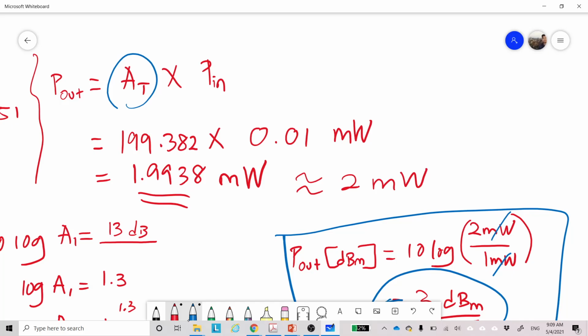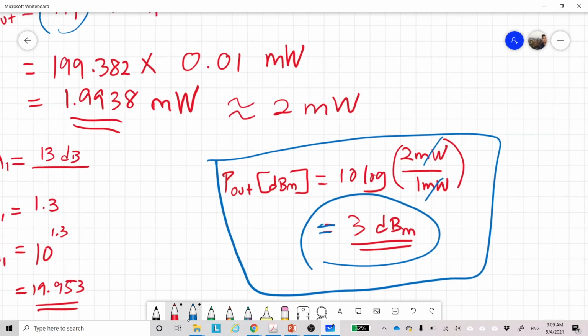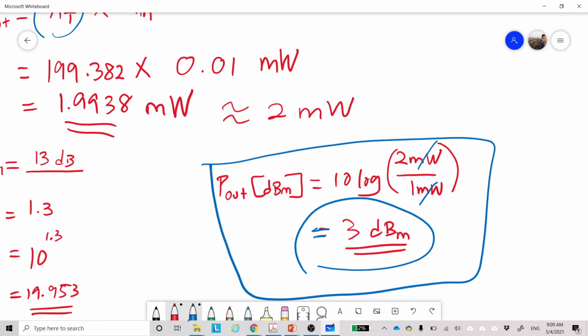Which one? This one? Yang nombor 2 ni, lepas 2 milliwatt, then kita boleh dapat 3 dBm, maksudnya kita boleh check result sama ada kita kira dekat nombor 1 tu betul ke tak, macam tu.